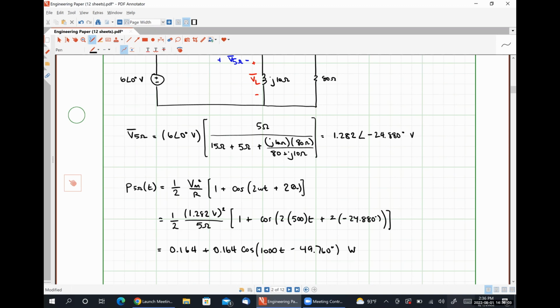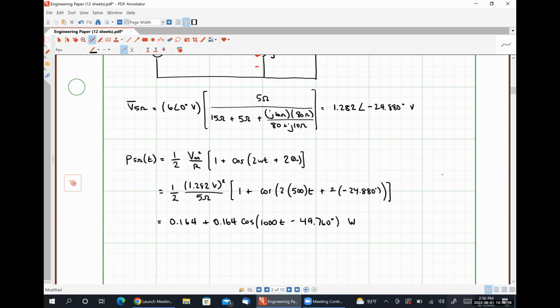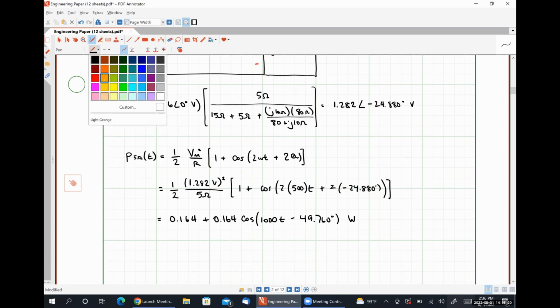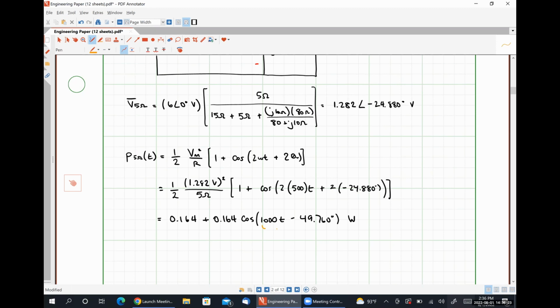One thing that I do want to point out here, if I asked you guys to give me the instantaneous power at a very specific instant in time, which I absolutely ask of you in your in-class assignments, omega times t is expressed in radians, and this phase angle is expressed in degrees.